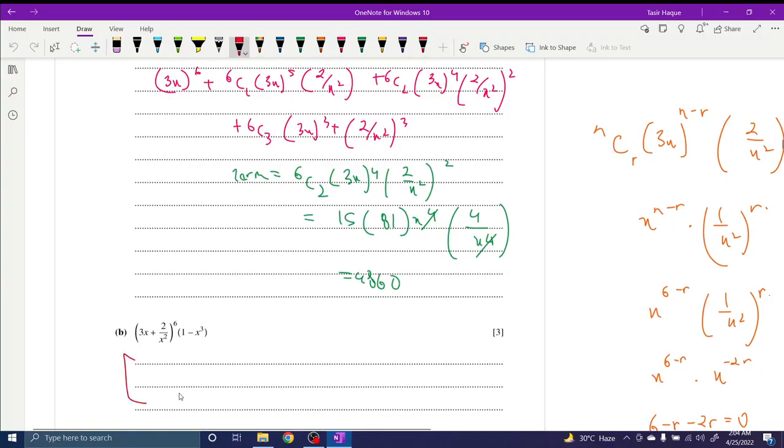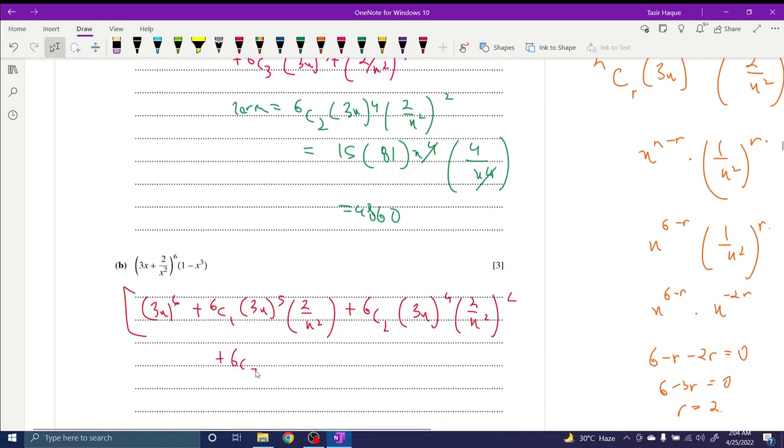Mainly, this expansion is 3x to the power 6, plus 6c1, 3x to the power 5 into 2 by x square, plus 6c2, 3x to the power 4 into 2 by x square whole square, plus 6c3, 3x cube into 2 by x square whole cube plus dot dot dot, into 1 minus x cube.